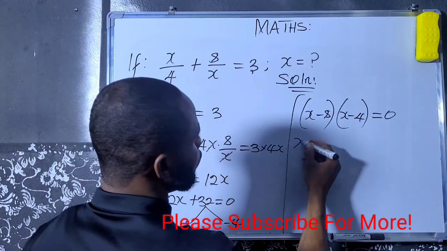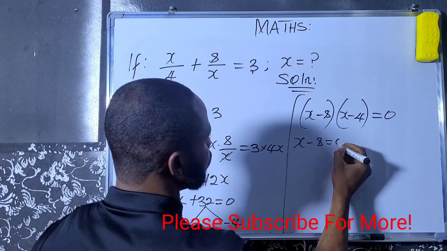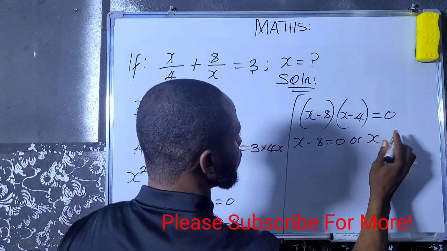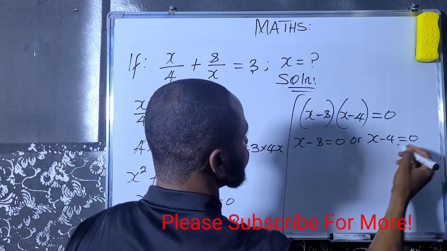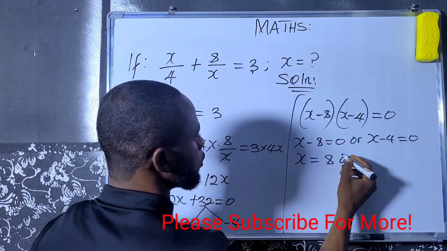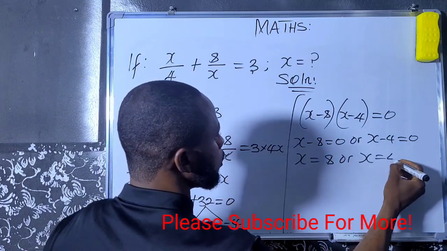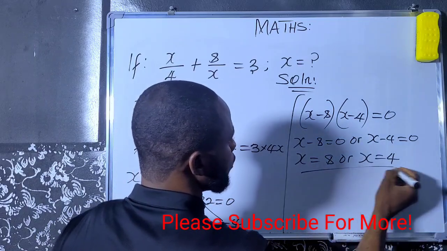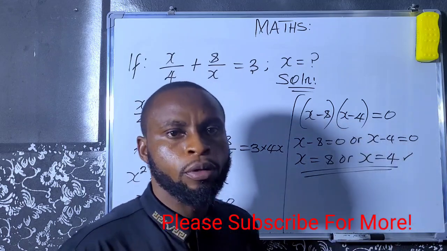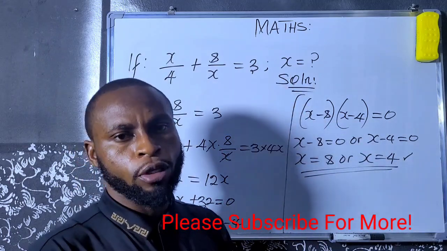Therefore, we have x minus 8 equals 0, or x minus 4 equals 0. Therefore, x equals 8 or x equals 4. And these are the possible values of x that will satisfy this equation.